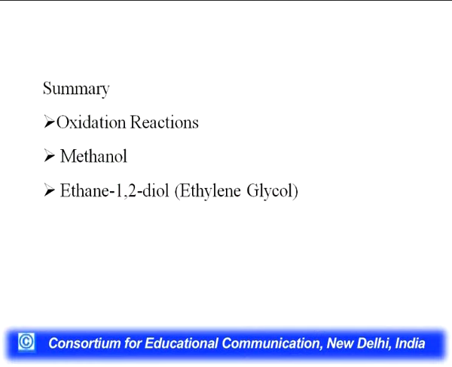Then we discussed methanol, the preparations of methanol, how we can synthesize methanol in the lab and industrially, and reactions of methanol. It is a primary alcohol, so it will give all the possible reactions of primary alcohols. Then we discussed a very important alcohol, ethane 1,2-diol, which is also known as ethylene glycol. We discussed the preparations of ethane 1,2-diol and reactions of ethylene glycol.